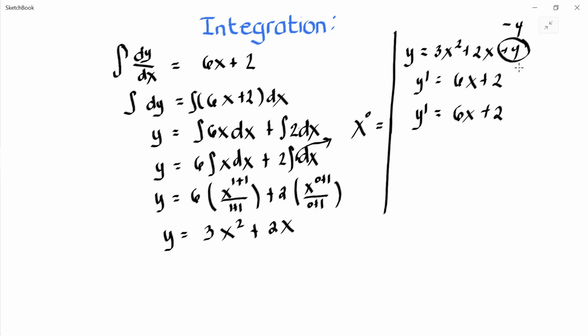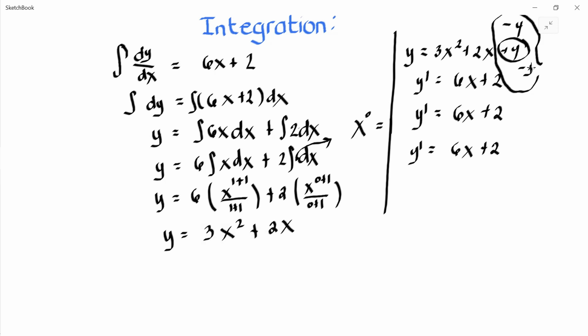If we replace it again with another value, which is negative 3, we can also get the same answer when we differentiate that, which is 6x plus 2. So this particular term right here could have various values that equate to the same output that we have when we differentiated this particular function.